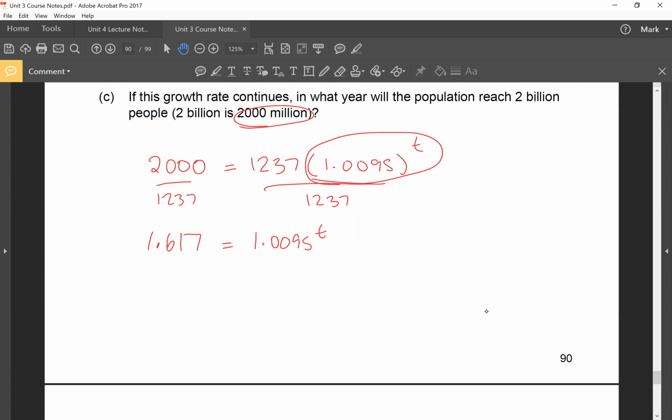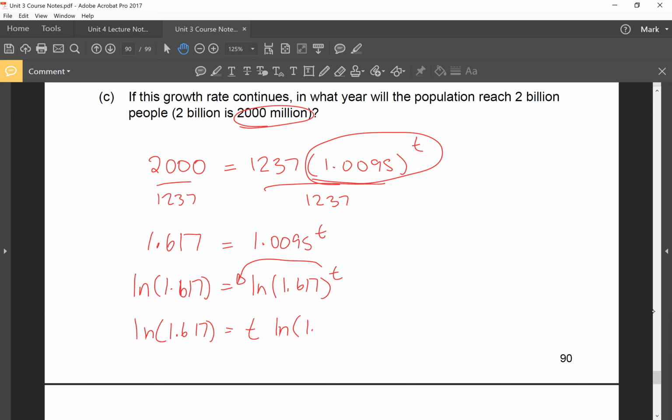You could take the logarithm of both sides, it doesn't matter. That brings your t out front. So I'll get ln 1.617. You don't have to write all of this down if you're doing this on a final exam or something. I'm just showing you every step.